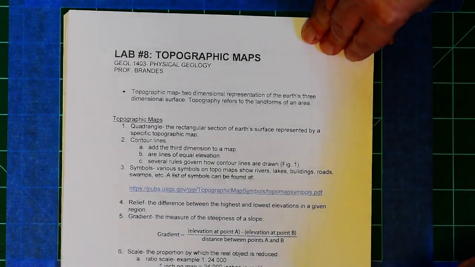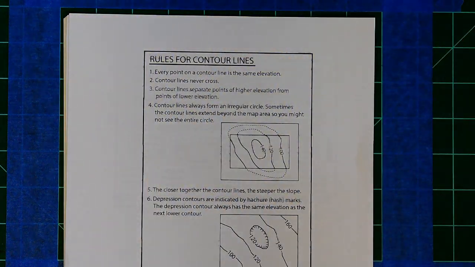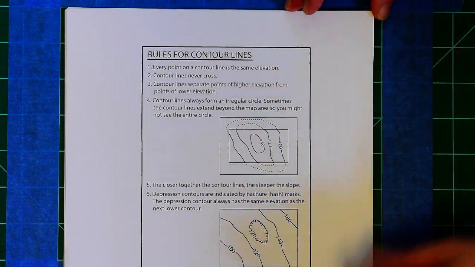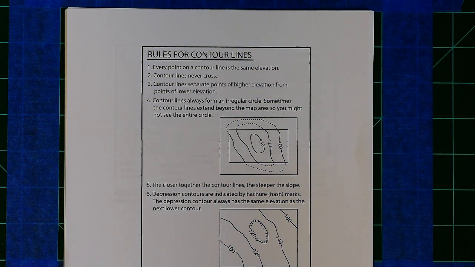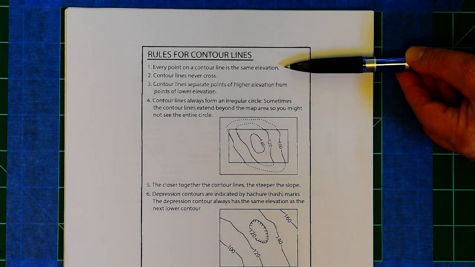So, when we look at these topo maps, like I was saying, the biggest thing that you are going to notice are the contour lines. And there are rules that govern how the contour lines are drawn. So every point on a contour line is the same elevation.